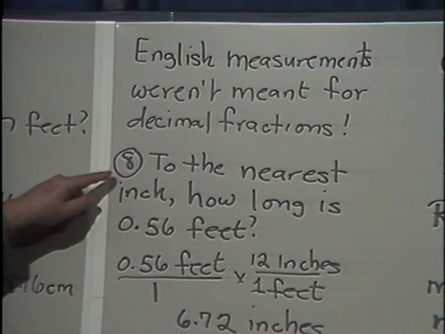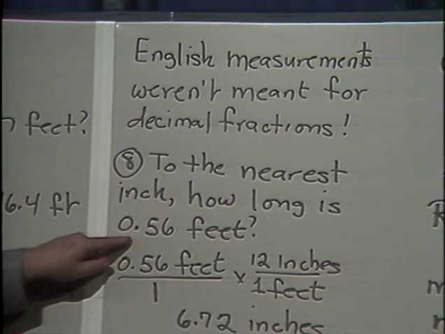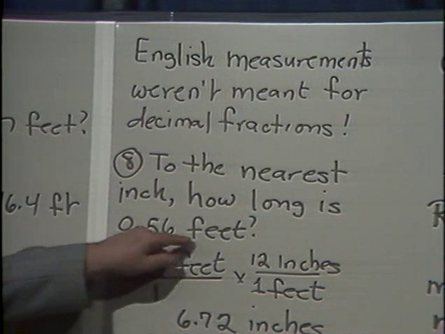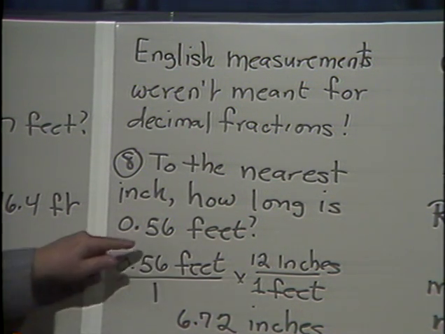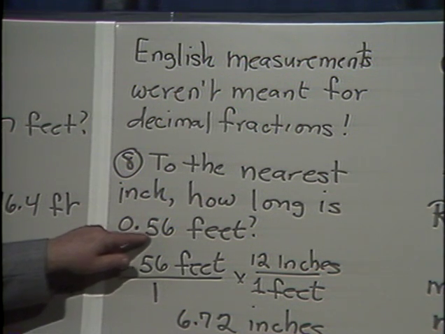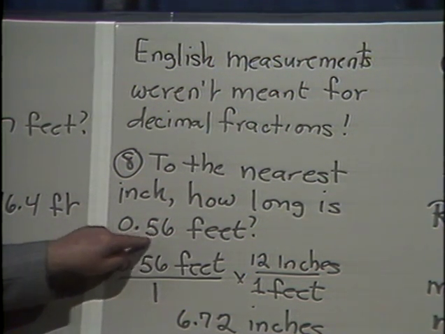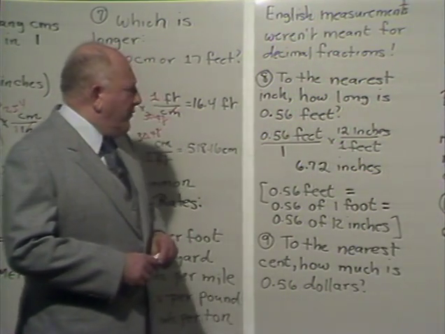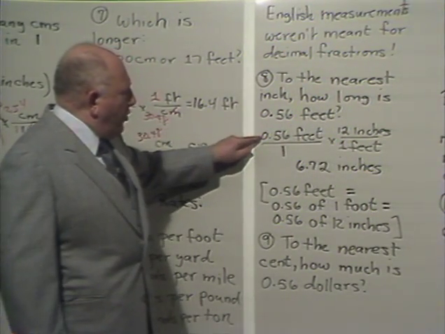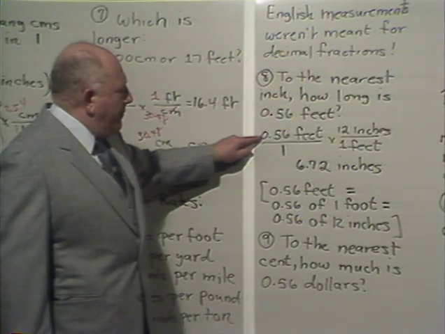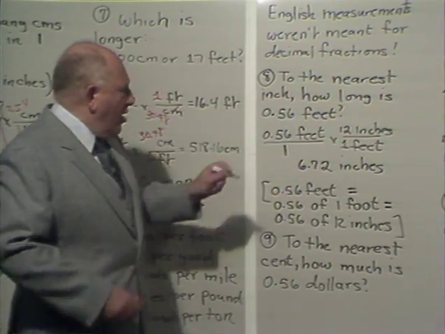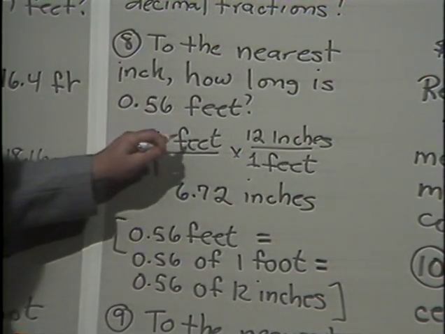I say to you, to the nearest inch, how long is 0.56 feet? See, and what does that mean? 56 hundredths of a foot. And people love to say a half a foot. Somehow this confuses them, and what they forget is what? That there are 12 inches to a foot. You see, basically, if you're going to do this problem the way I just suggested, you want to convert from feet to inches, so starting with 0.56 feet.